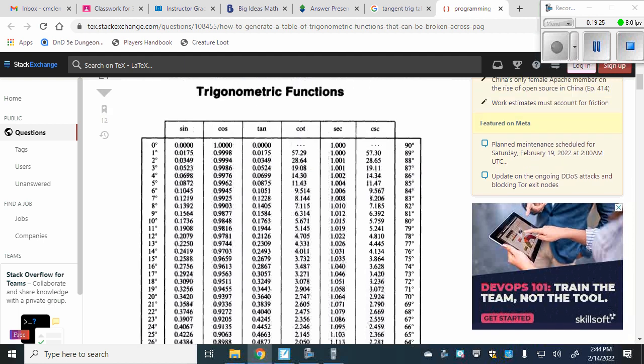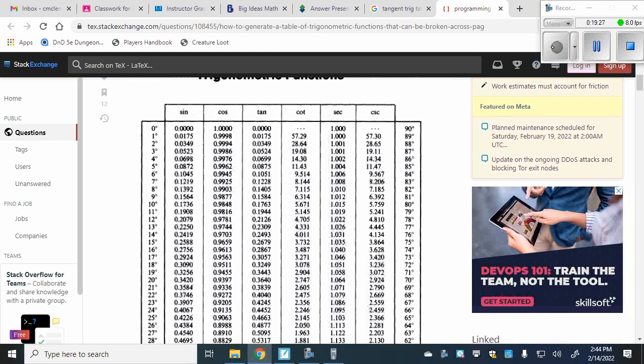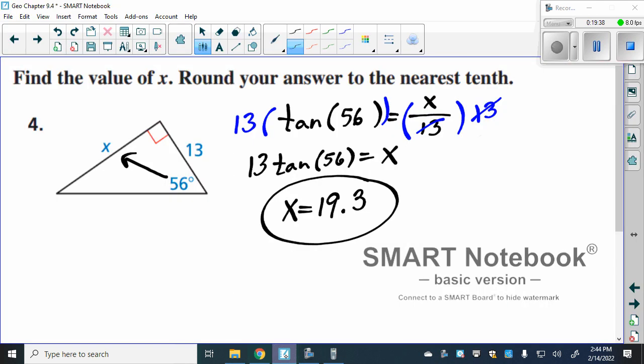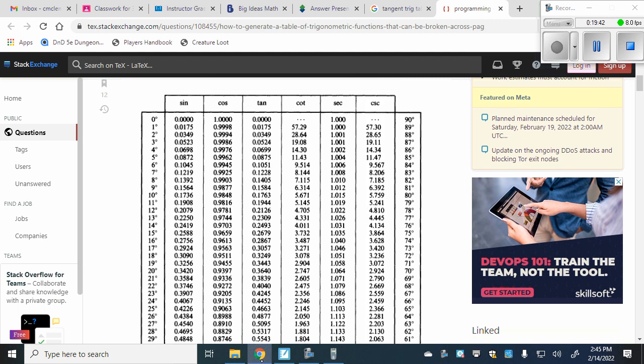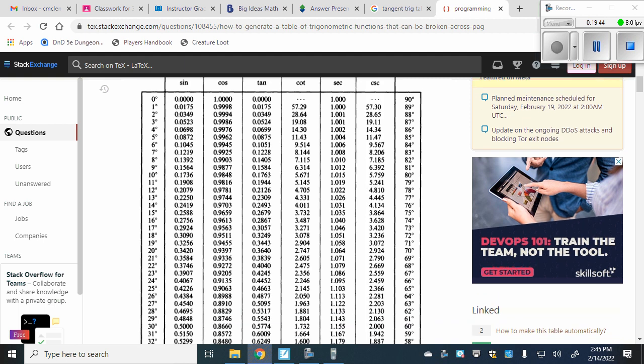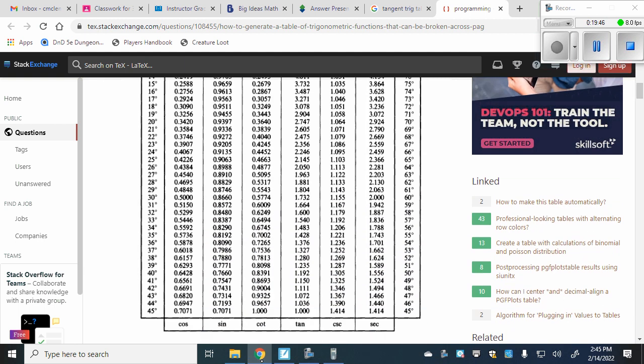So this here is what they call a trigonometric table. And these were what they used before calculators did it here. So if we're looking for the last one that we had, tangent of 56, what we would do here is this third row column here is tangent. And I would go all the way down here to try to find 56.